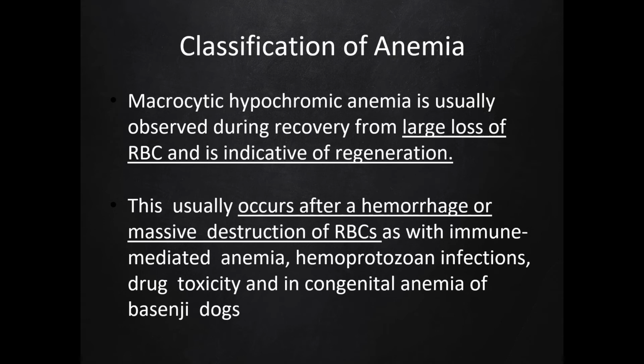So this usually occurs after hemorrhage or massive destruction of red blood cells, as in immune-mediated anemia and hemoprotozoan infections. If there is a hemoprotozoan infection, the immune system could detect the parasite, so they could have a secondary immune-mediated anemia. Also drug toxicity and congenital anemia of Basenji dogs.